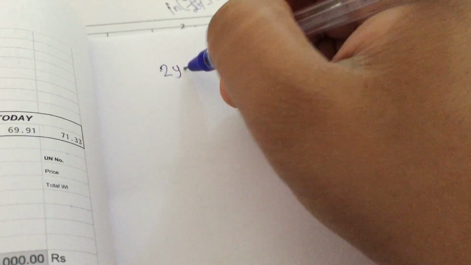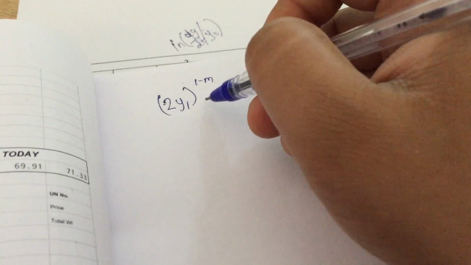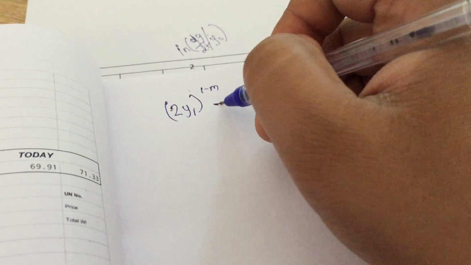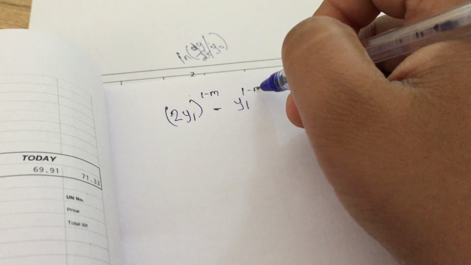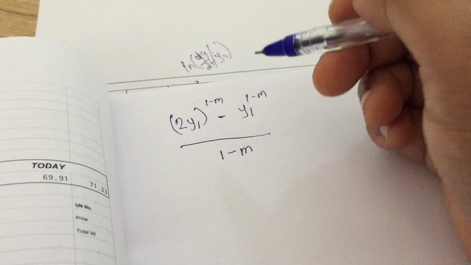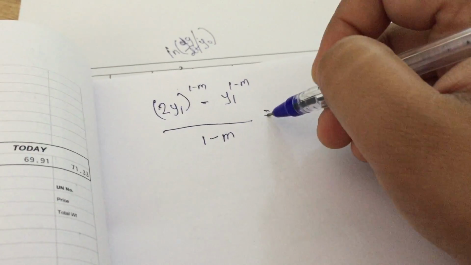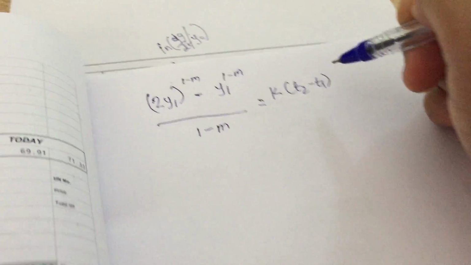So this is (2 y1)^(1-m) minus y1^(1-m), divided by (1-m), is equal to k (t2 minus t1).